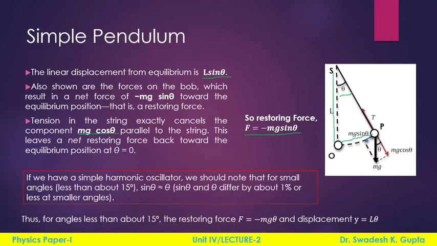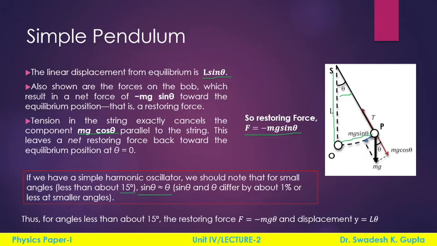Now, in case theta is very small, that is when theta is less than 15 degrees, what happens? The value of theta and sine theta is mostly the same when we take theta in radians.